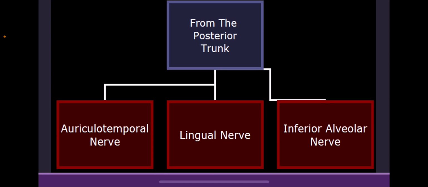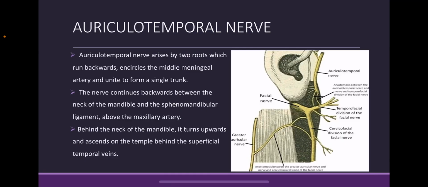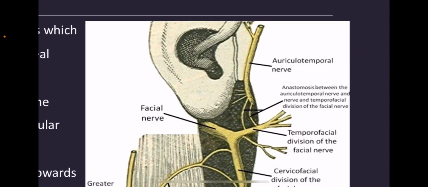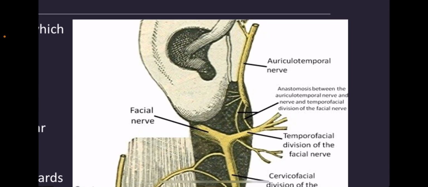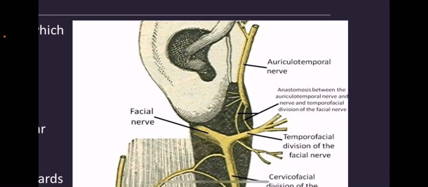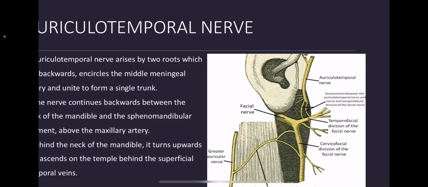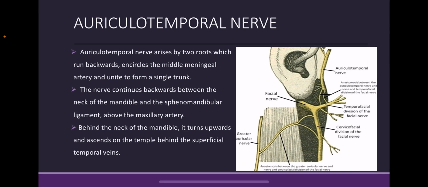There are three branches of the posterior trunk: the auriculotemporal nerve, the lingual nerve, and the inferior alveolar nerve. We're going to start with the auriculotemporal nerve. The auriculotemporal nerve arises by two roots which run backwards, encircle the middle meningeal artery, and unite to form a single trunk.